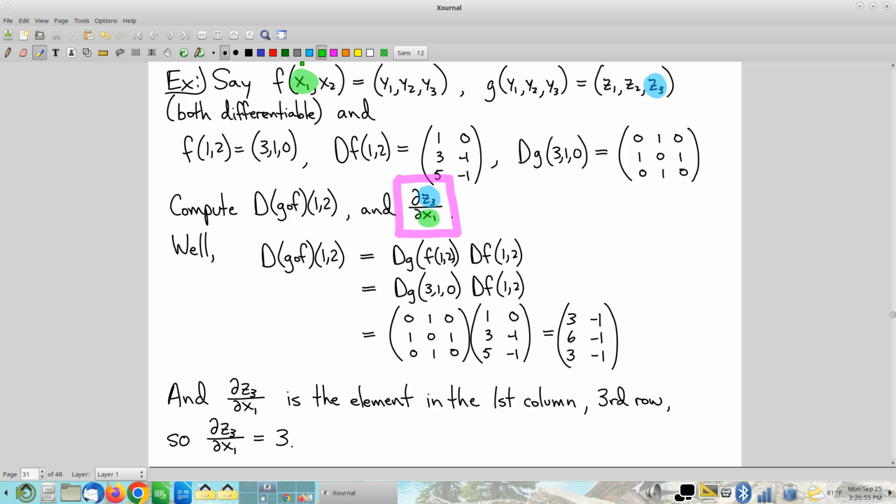So I'm going to find this partial derivative I want as one of the elements of the matrix that I just computed. It's going to be somewhere in here. Well, I wanted that in purple. It's going to be somewhere in here. We just have to find which of those numbers it is.